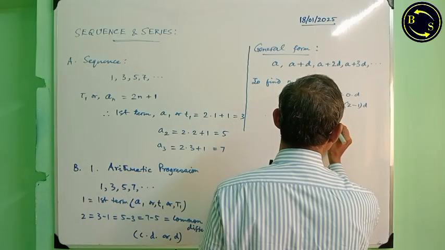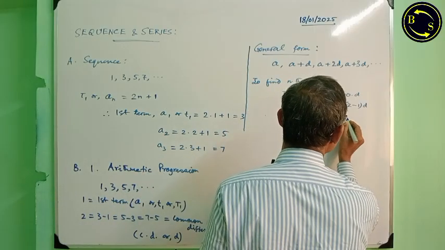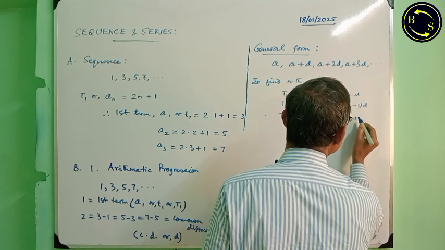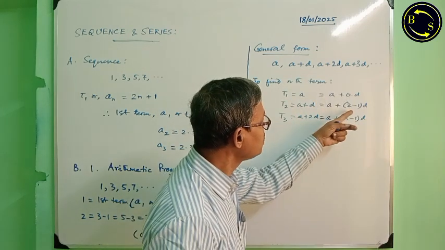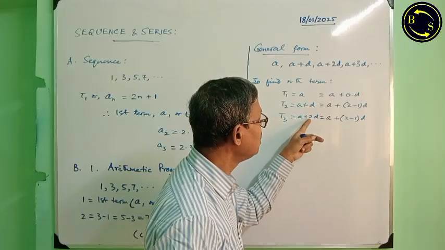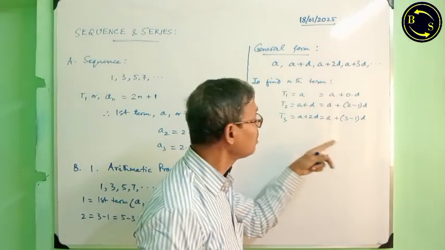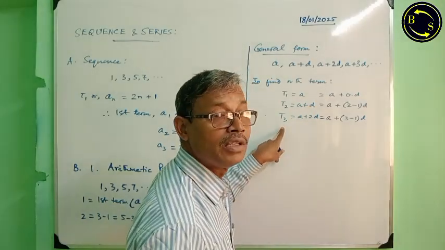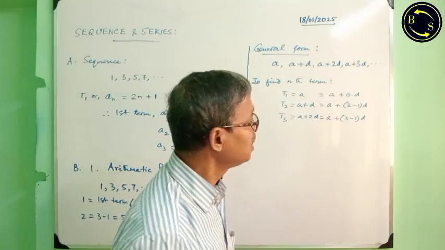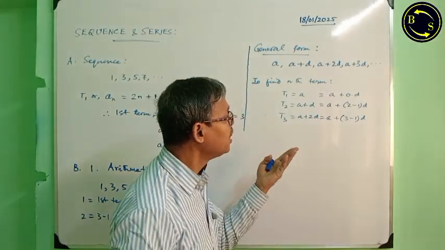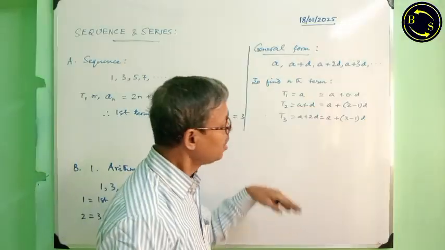And the third term can be written as a plus 3 minus 1 into d. That means the coefficient of d is 1 less than the term number. Remember that the coefficient of the common difference is 1 less than the term number.